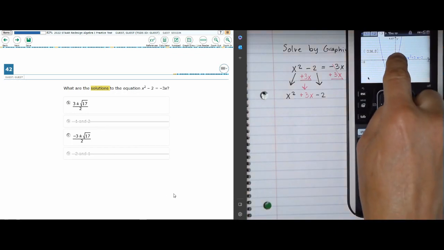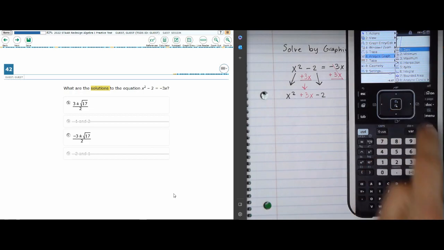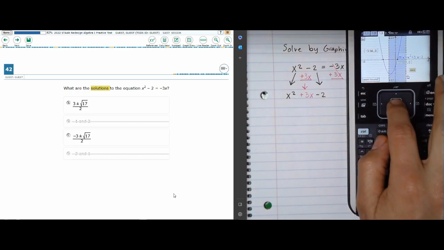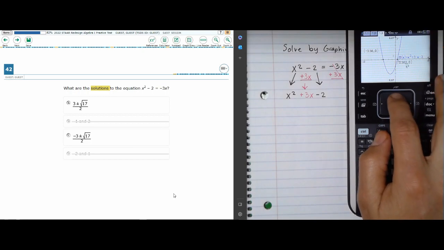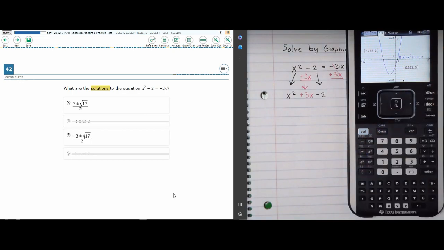Now I'm going to go ahead and check my second one real quick. So I go to Menu, Analyze Graph, Zero. And there's the second one. Now, I'm going to write these two zeros down so that I know what I'm looking for.